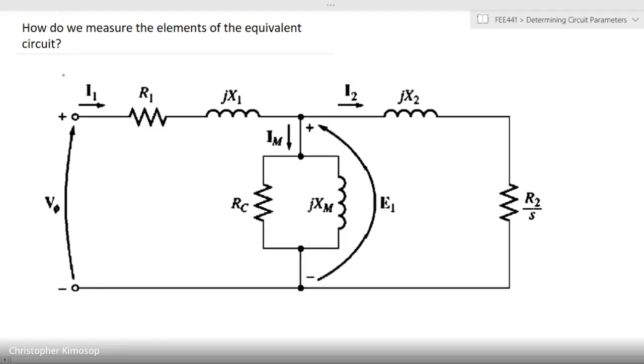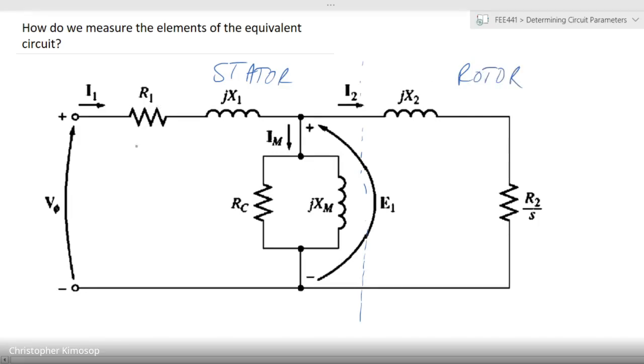So we had elements representing various parts of the circuit, or various aspects of the motor. We said that up to around this point, this represents the stator. And on this other end, this represents the rotor.